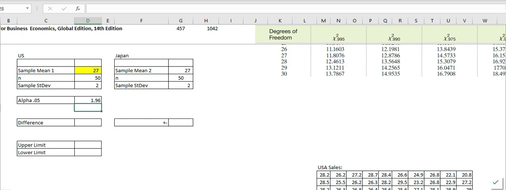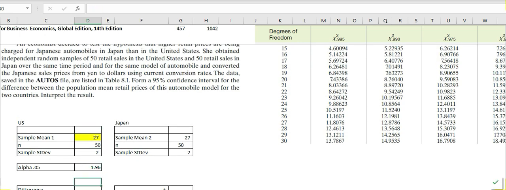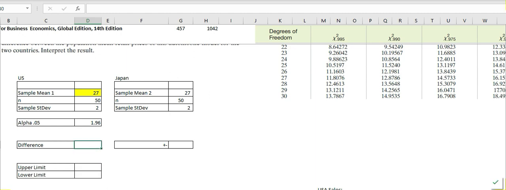Let's now check the difference. So it's this one versus this one. It's negative 604.